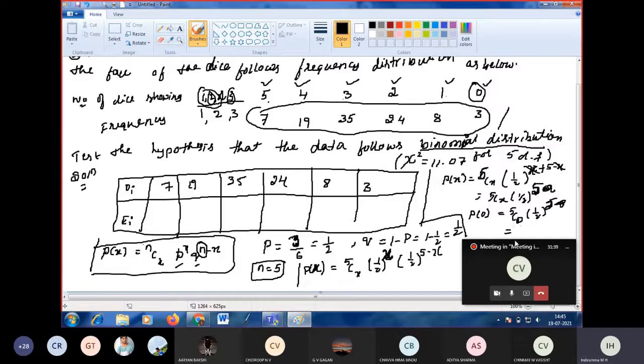What is NC naught? 1, right? 1 into 1 by 2, 1 into 1 by 2 power 5. What is 1 by 2 power 5?